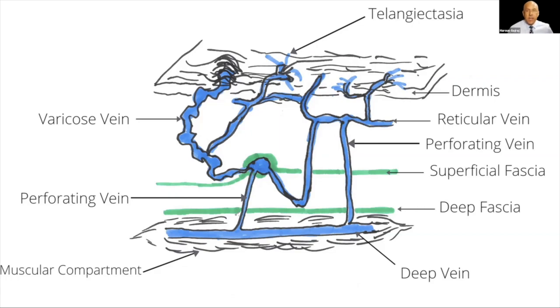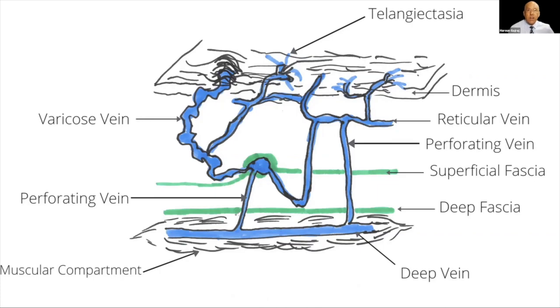There is either a connection to a deeper vein, to a reticular vein, and we now know that, of course, microvalve failure in the skin vessels, the reticular vessels, is a way in which these spider veins develop. So I think my old classification of idiopathic and secondary is outdated.